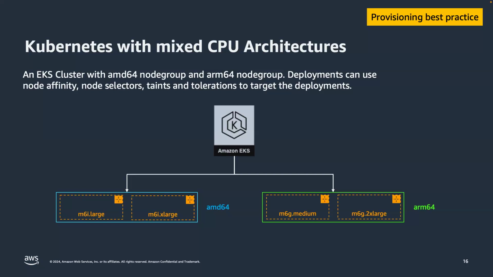What you can do is make use of node selectors, which is a Kubernetes construct to select the x86 architecture so that those pods will always go there. And if you don't like node selectors, you can also have finer control with taints and tolerations, and node affinity will also work as well.